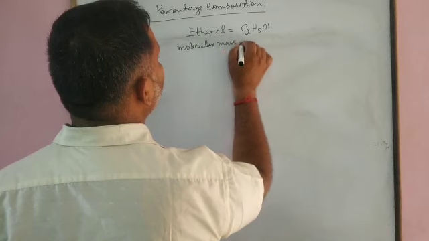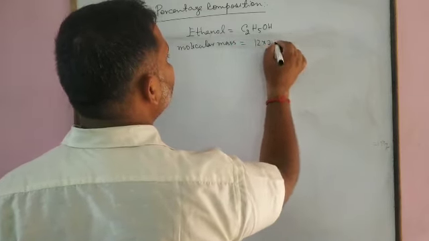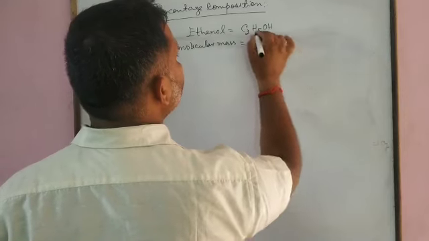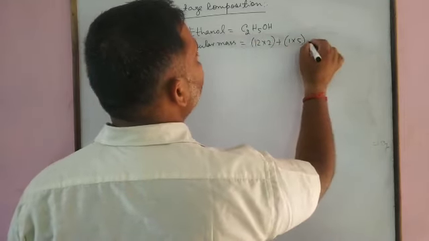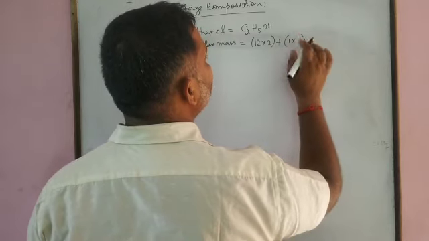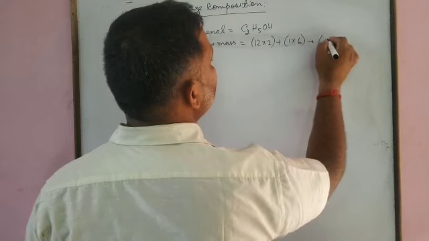Molecular mass of ethanol is equals to 12 into 2 plus 1 into 5 plus 1 into 1 plus 16.